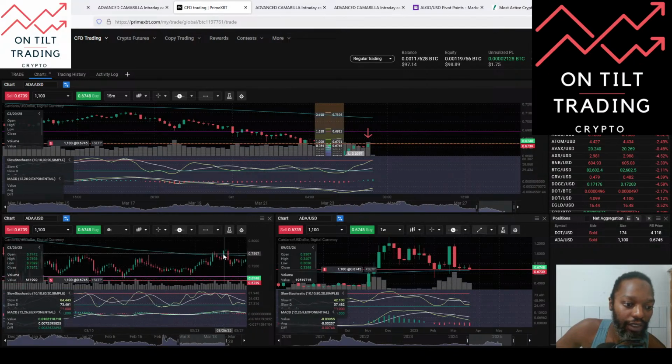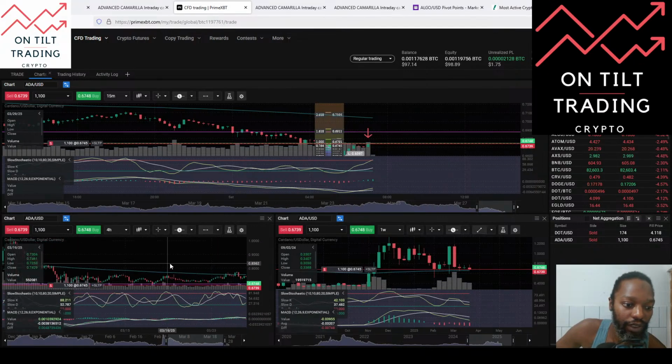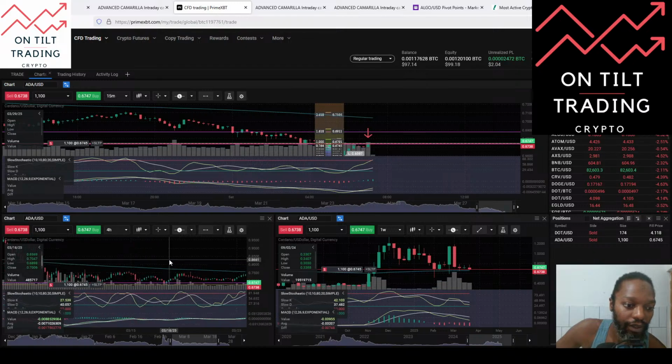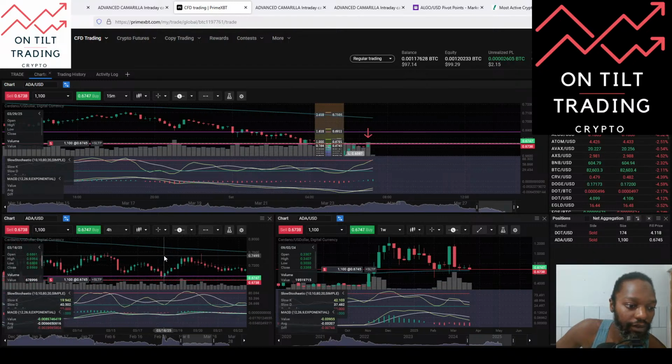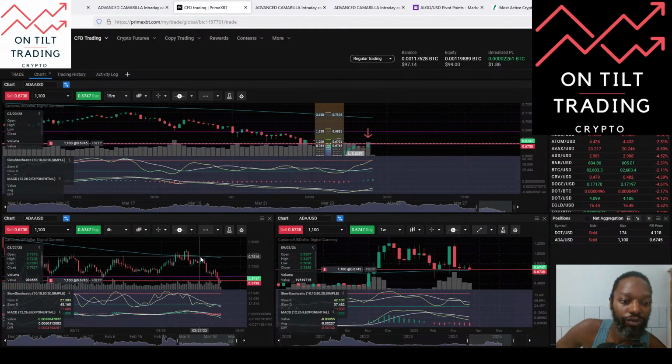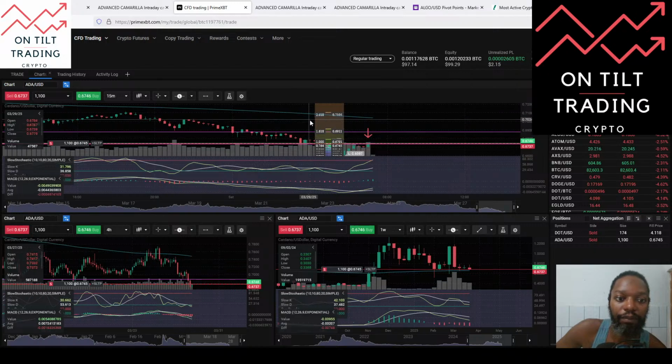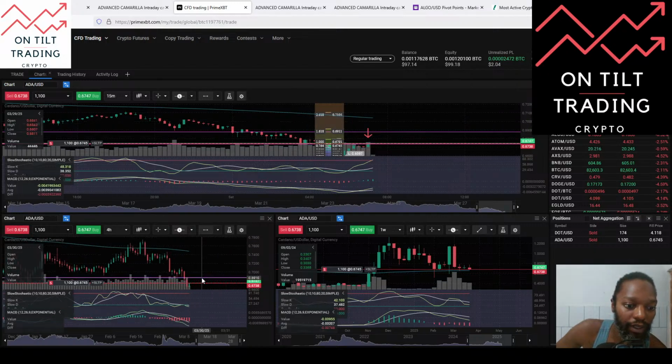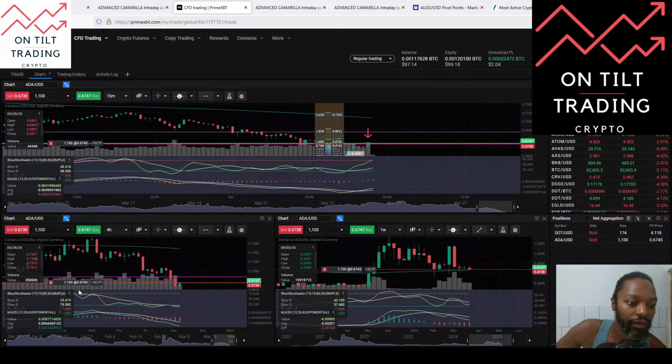And this level that I'm looking at for a target, I believe is, actually, we'll back up and then I'll show you where my stop and my target are on this particular trade.